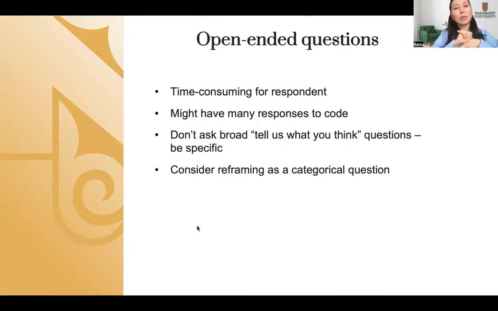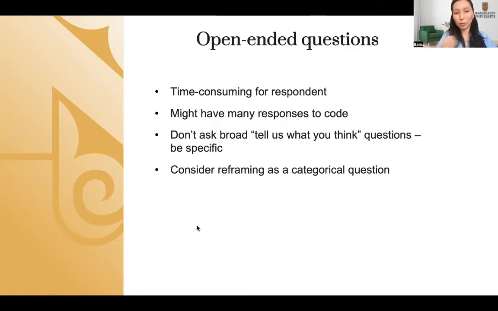Open-ended questions have their pros and cons, and for most surveys, especially large-scale surveys, the cons list can be longer than the pros. For example, open-ended questions are very time-consuming for the respondents. They actually have to type in their response, write something up. And since it's very time-consuming, many people might be tempted to skip it.